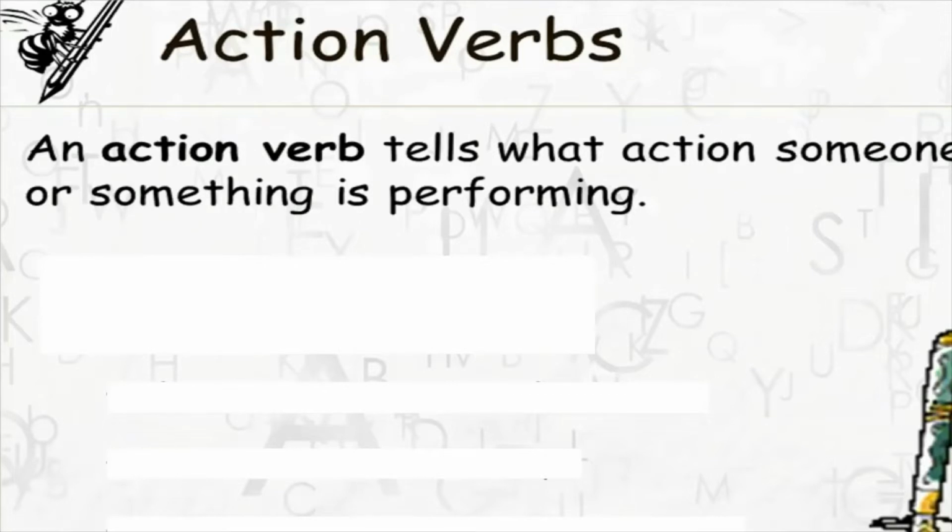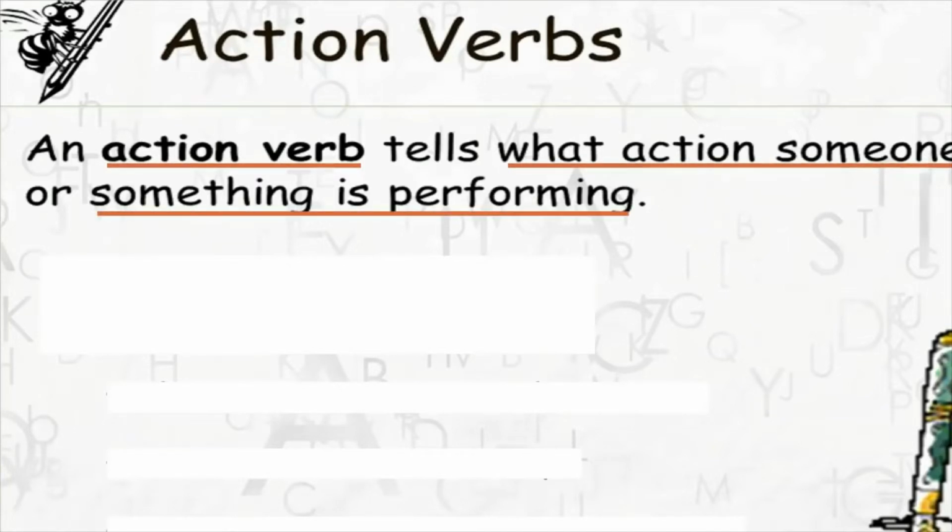Kriya means something which is happening. So when I say verb, it means an action which is happening. Someone is performing something. An action verb means what someone is doing or what performance is happening. An action verb once again tells us what action someone or something is performing.